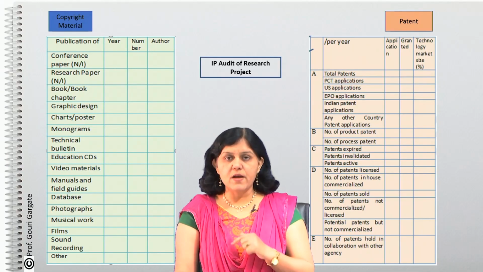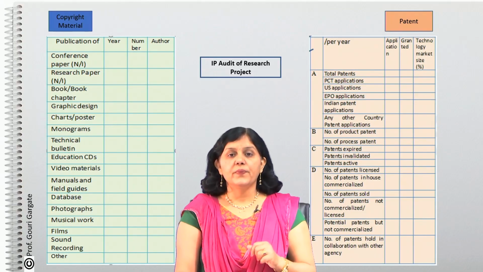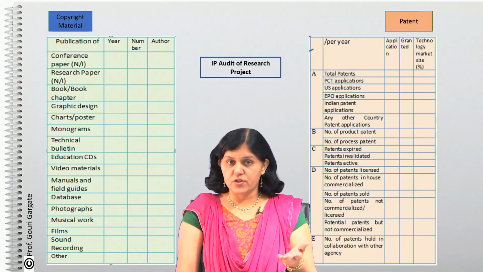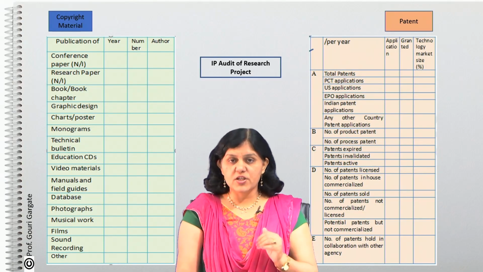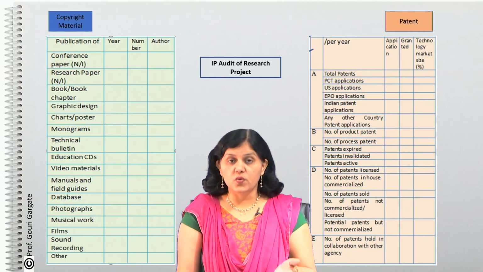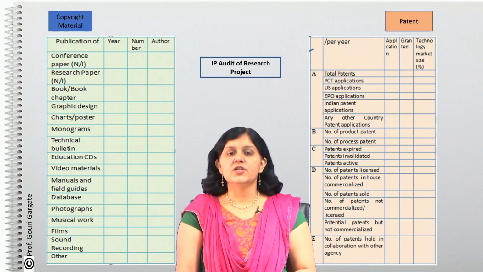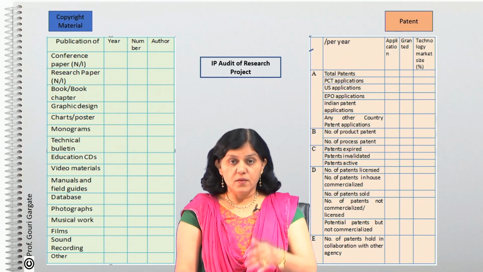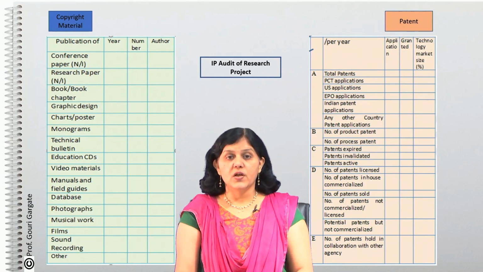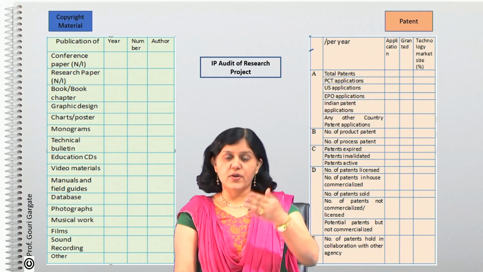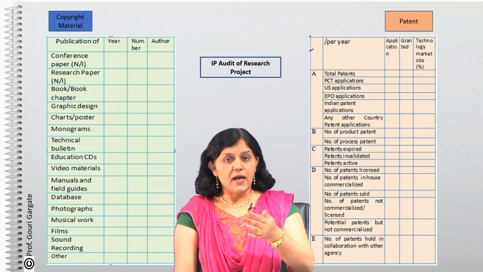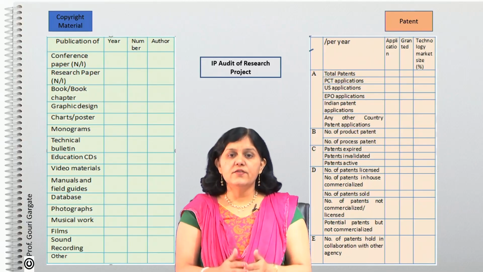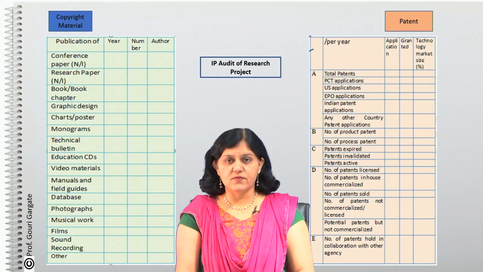How many are active patents, how many are licensed out, how many are commercialized in-house, how many are sold, how many are still not commercialized, how many are potential patents which can be commercialized, and the number of patents held in collaboration. So, the list is going on. You can add to the list and make the complete list according to your institute, but this is an indicative list and you can develop it further.